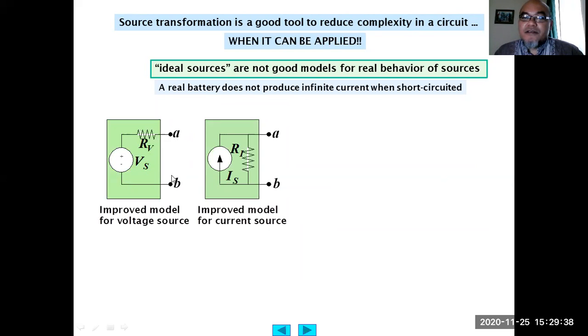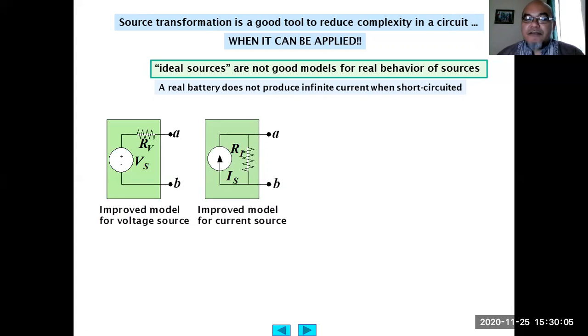Because when it is short circuited, there is always a current. If there is no such resistor, the current will be infinite, because with zero resistance, voltage divided by zero is infinity. In reality, no such current exists; there is always some value of the current. So there is an internal resistor inside that voltage source.